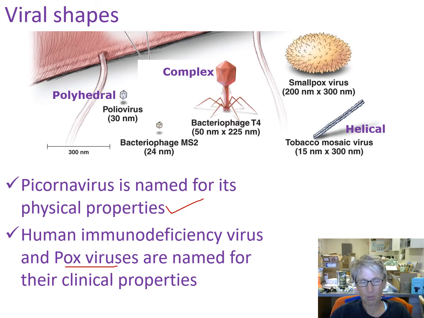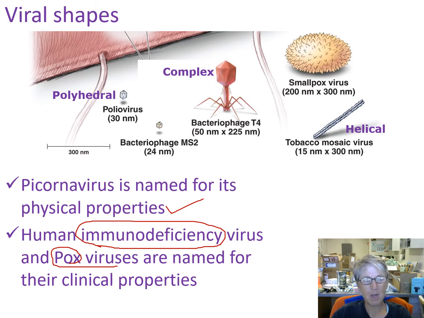So for example, human immunodeficiency virus is named for its clinical property, which is it causes immunodeficiency. And then in the clinic, someone who has got the smallpox virus has the clinical phenotype of pox marks on their skin. So if you are a virus, you could be named according to your shape, your physical properties, or your clinical properties.